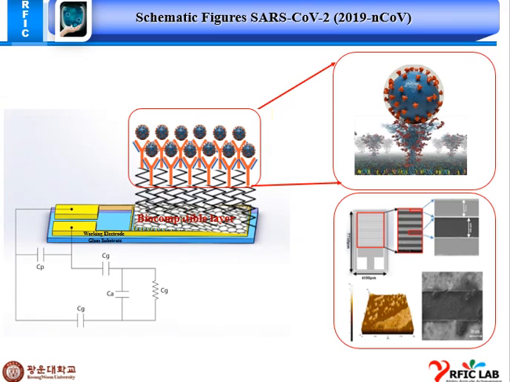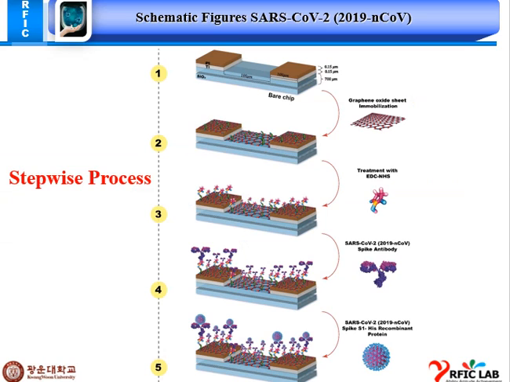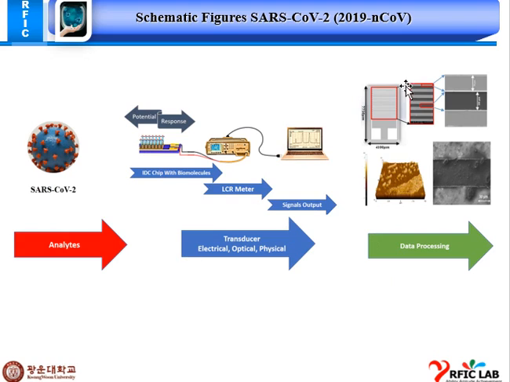And now I will focus on our chip figure and equivalent circuit, and for the final picture I will replace this with our chip picture for the AFM and SAM. This is our stepwise process. I will change this figure and picture for the chip also, sir, after getting our results.